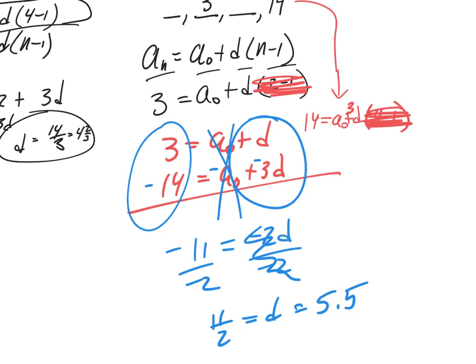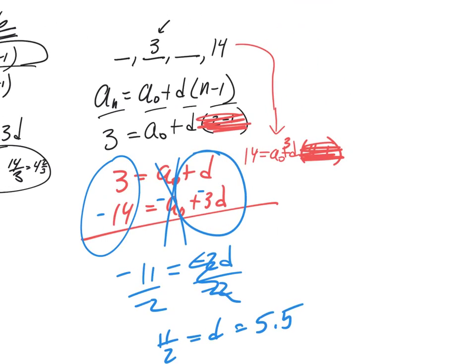But wait, there's more. You now know the common difference is 5.5, but you need to figure out what the first term is. Now, can I do that in my head? Sure, I can. Could I do it with an equation? Either way, I'm okay with either way on this one. Now that I know I'm going to add 5.5 each time, do you just subtract 5.5 then?